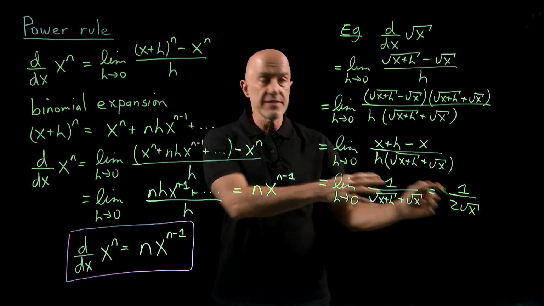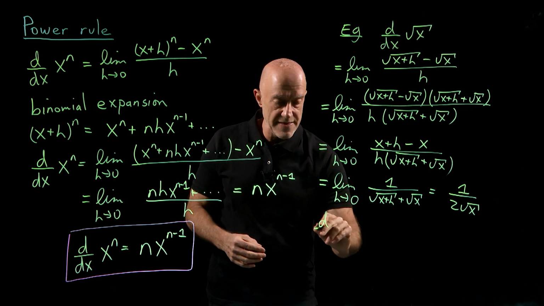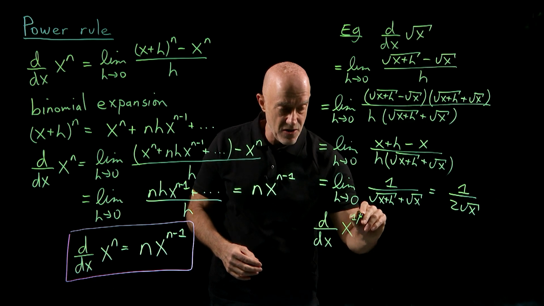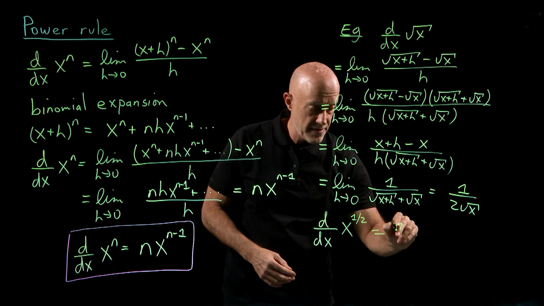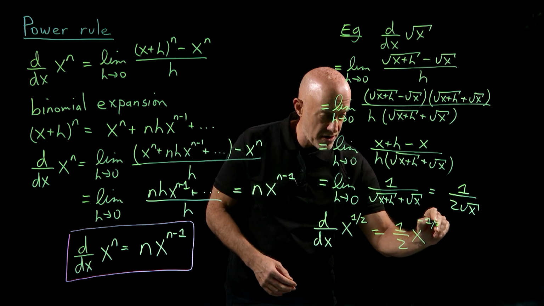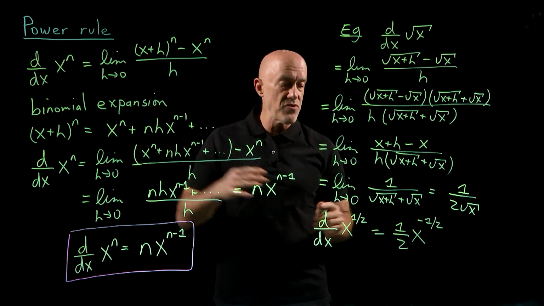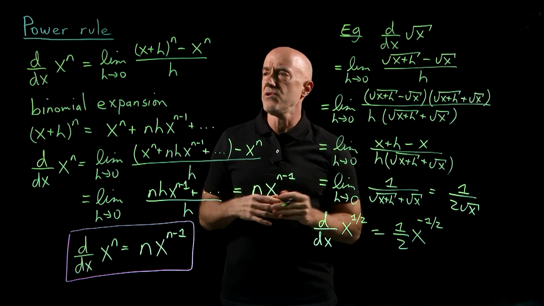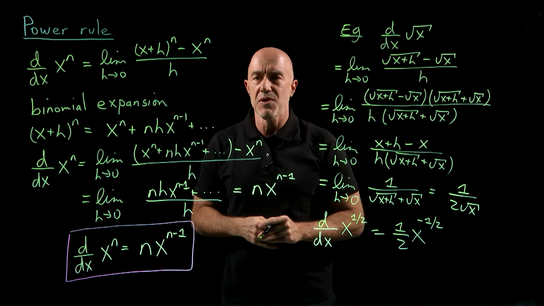We can see that this is also the power rule, because if we write that as d/dx of x to the 1/2 power, which is the square root, that becomes 1/2 times x to the negative 1/2 power, which is the exponent reduced by 1. So the power rule also works for the square root function. And later I'll show you that it works for all real values of the exponent.